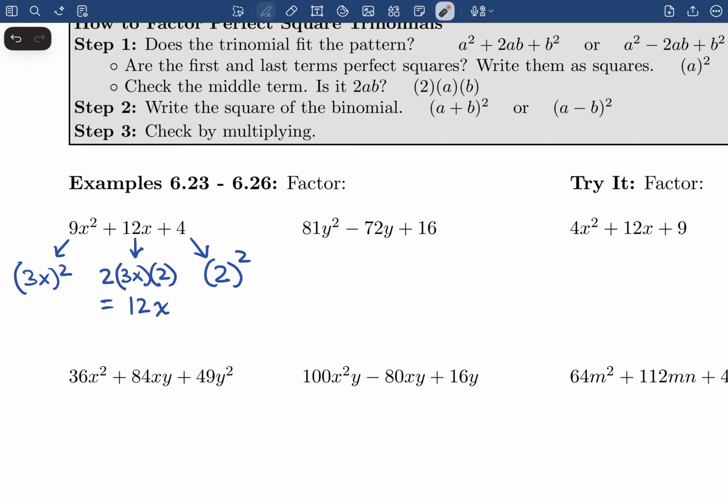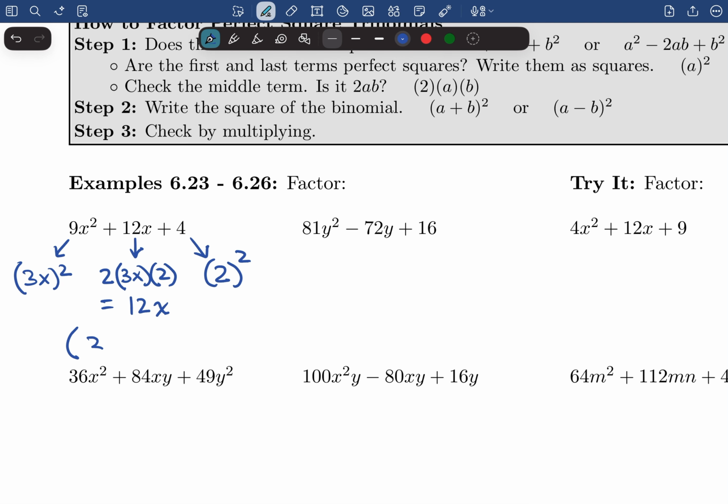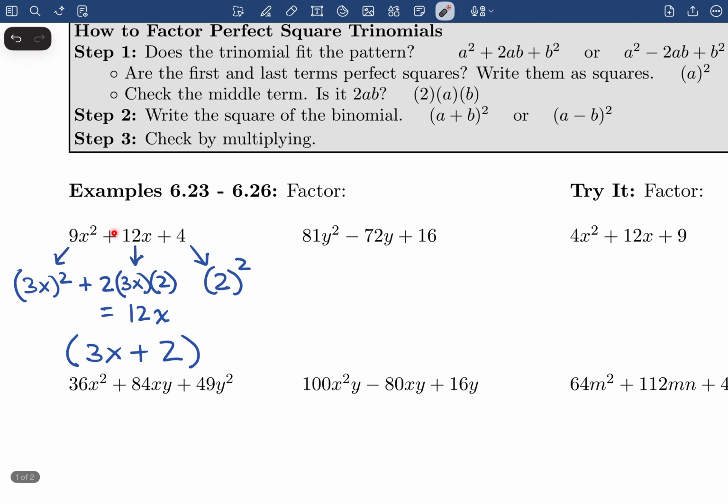Now that I've recognized it as a perfect square trinomial, the factoring is really fast. What I do is take the a value, 3x, and the b value, 2, and I put them in a binomial. And since this was a plus sign here, I put a plus there. So if this sign is positive, there's a plus that goes in here.